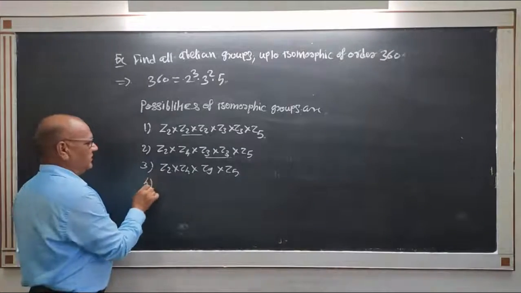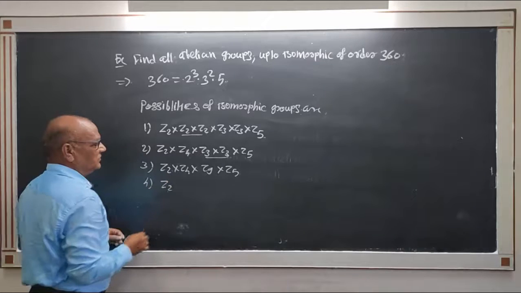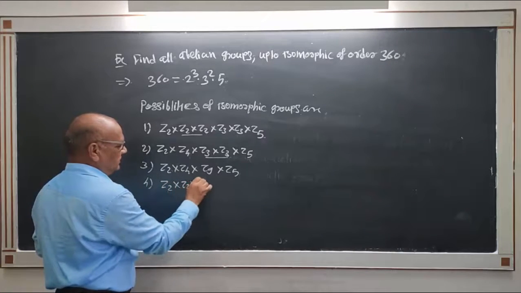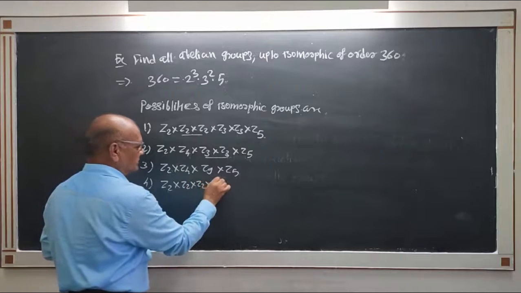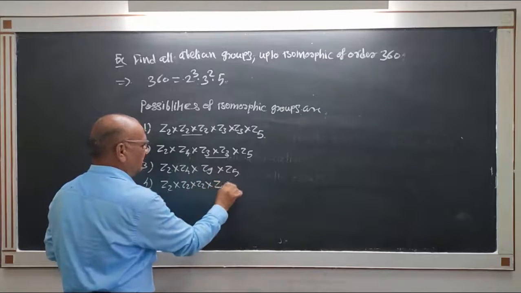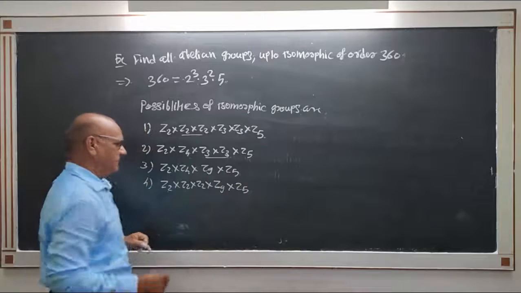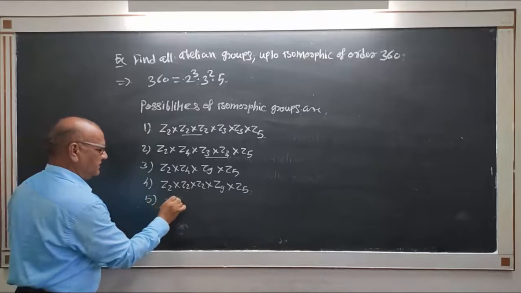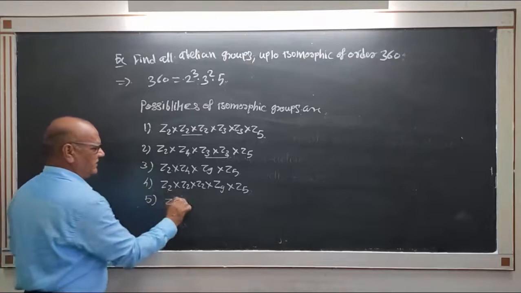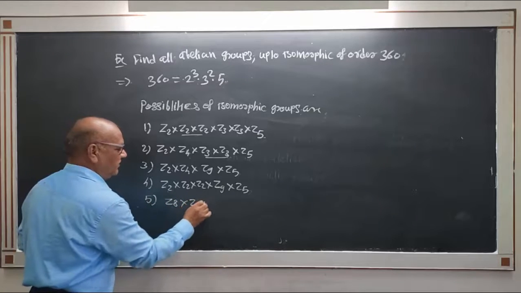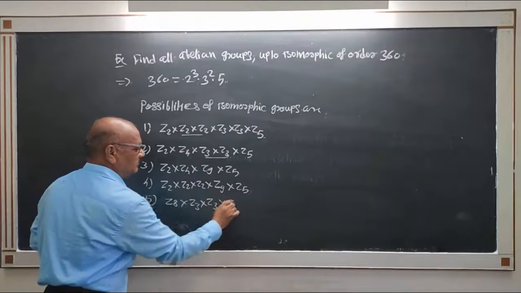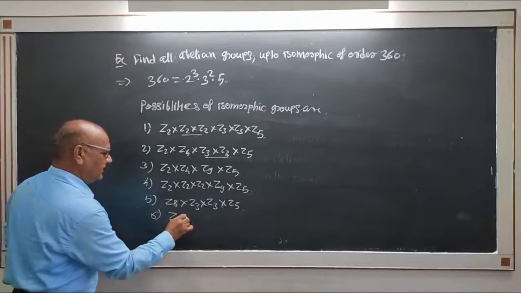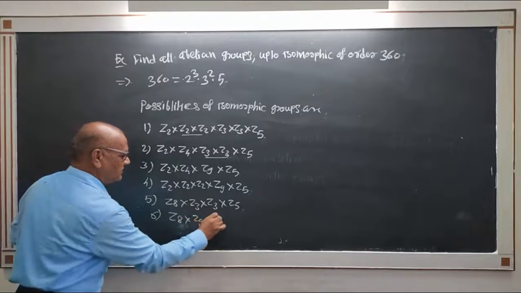Here Z2 cross Z2 cross Z2 cross Z9 cross Z5. Another, Z8 cross Z3 cross Z3 cross Z5, and last possibility Z8 cross Z9 cross Z5.